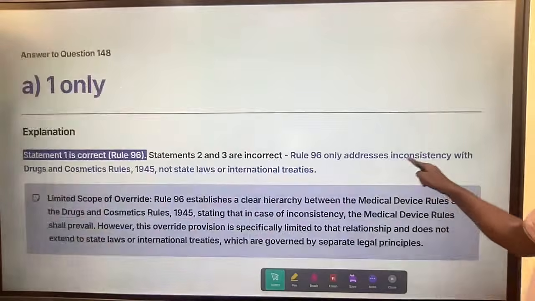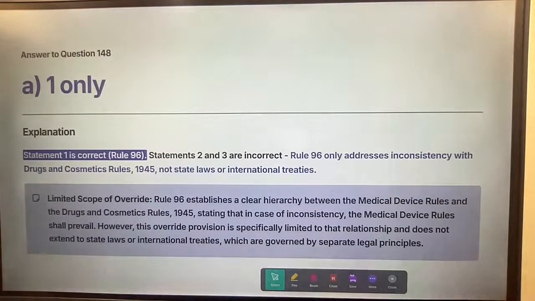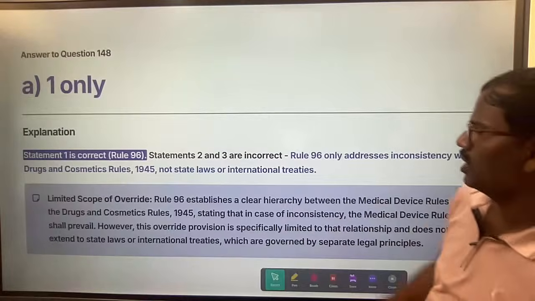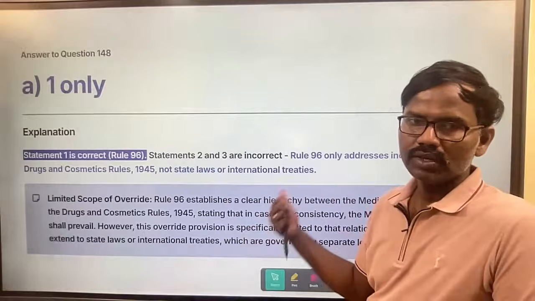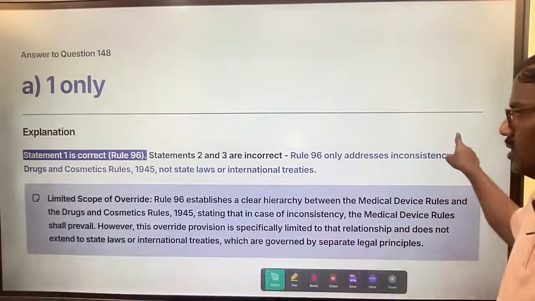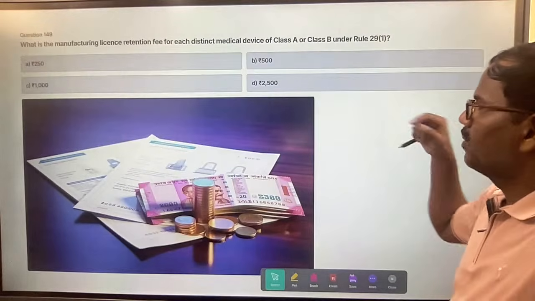So the answer is 1 only. Statement 1 is correct; statements 2 and 3 are incorrect. The rules override the 1945 Act and not state laws. They do not have the power to do all these things. There is a hierarchy maintained.